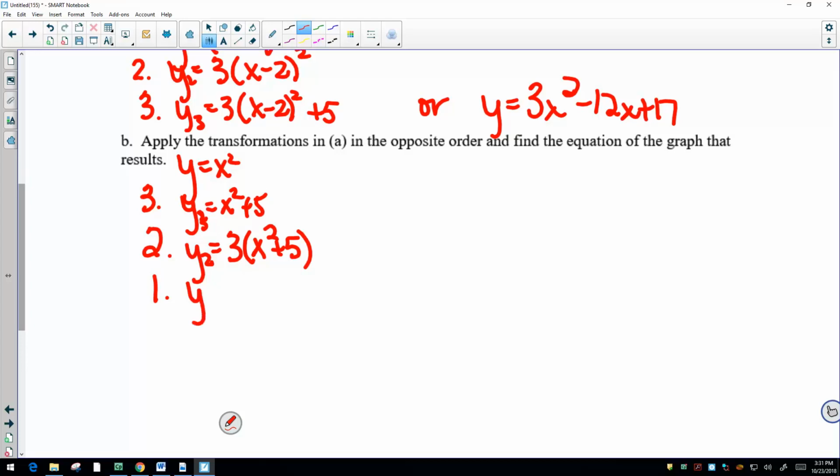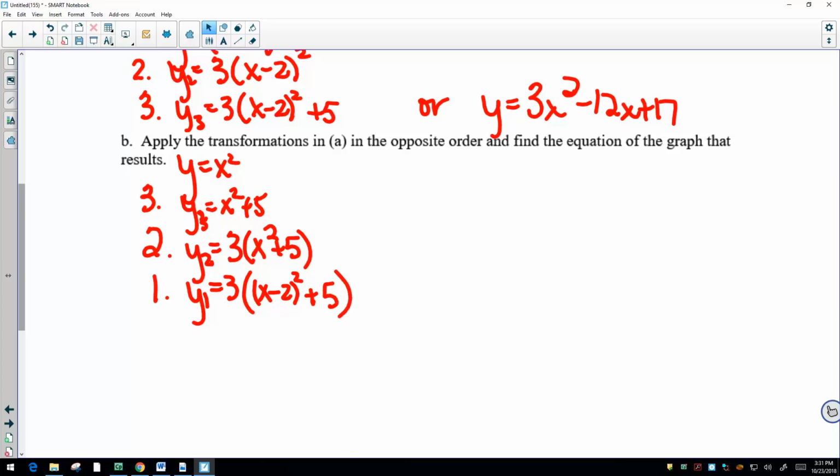Since we're going right, we're thinking backwards, and this is only affecting the x. So when we go to write this, be careful with your groupings. In x, x is the only thing that's going to be changing. So I want to make sure I group that in a separate set of parentheses.